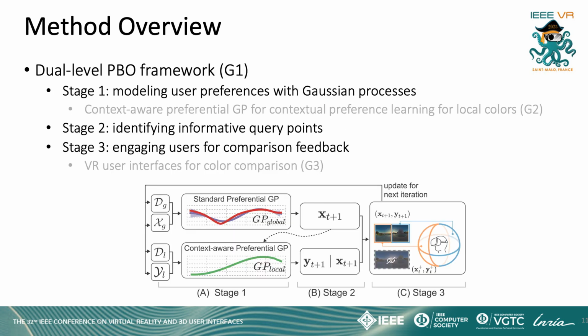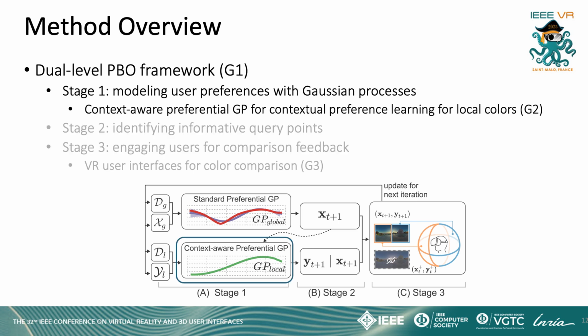In response, we propose a dual-level PBO framework to solve the dual-level optimization problem, which consists of 3 stages, including modeling user preferences with Gaussian process, identifying informative query points, and engaging users for comparison feedback.